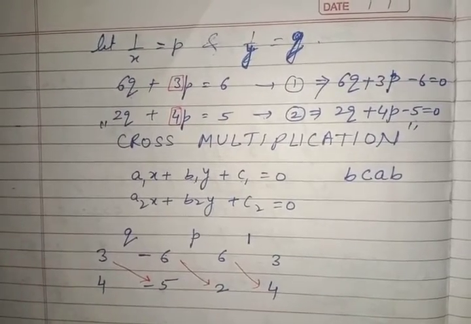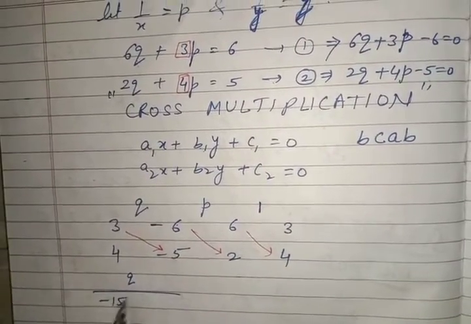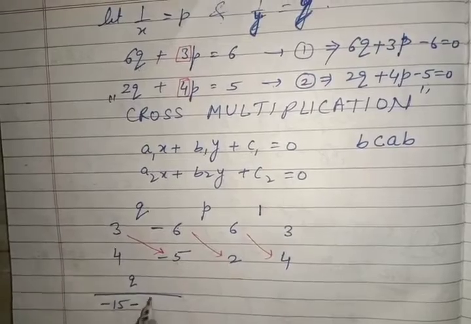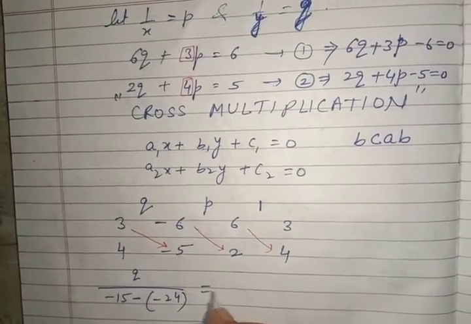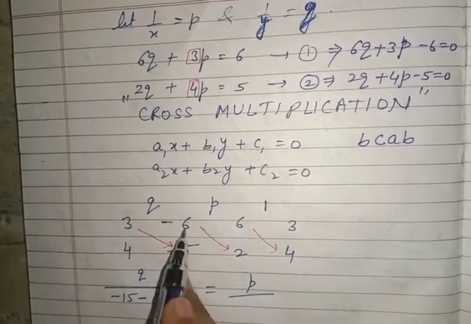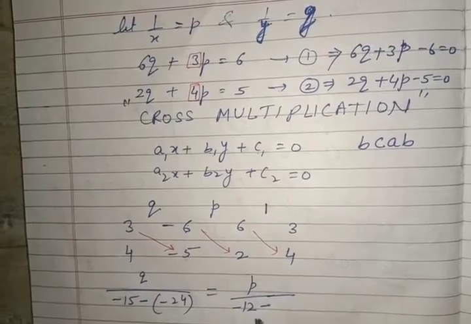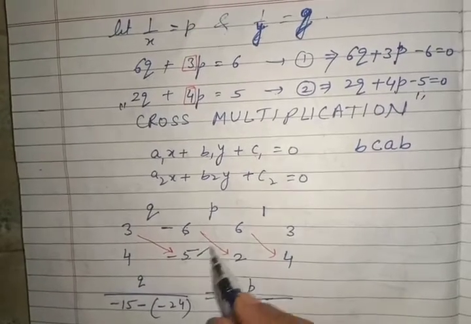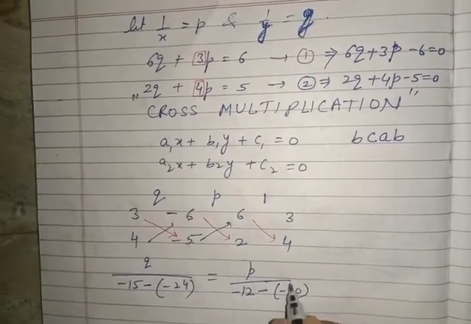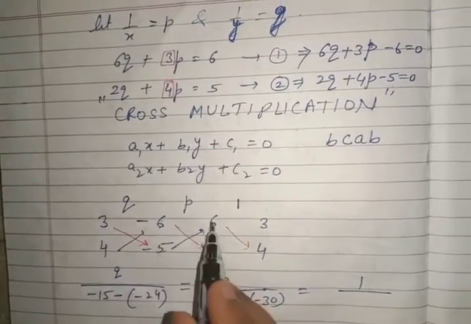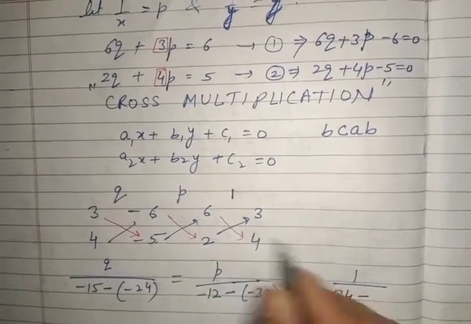So we'll write like this: q upon minus 15, then minus for the formula, and 6 4s are minus 24, is equal to p upon the multiplication of these two, minus 2, then minus of the formula, and these two, minus 5 into 6 is minus 30, is equal to 1 upon 6 4s are 24, then minus 3 2s are 6.